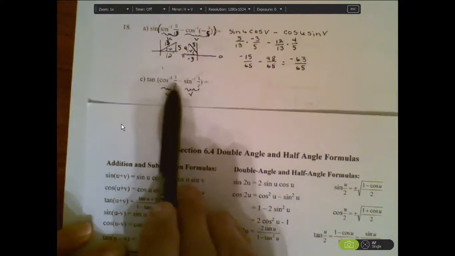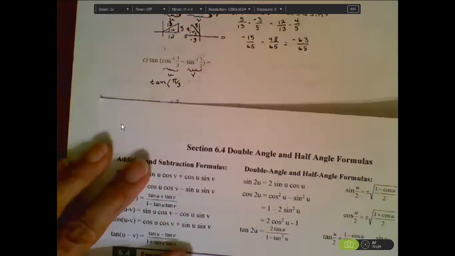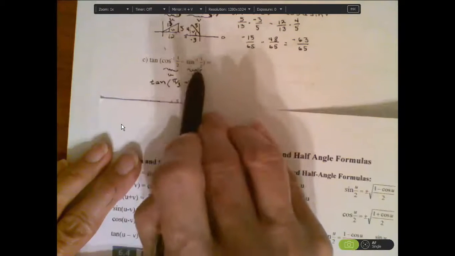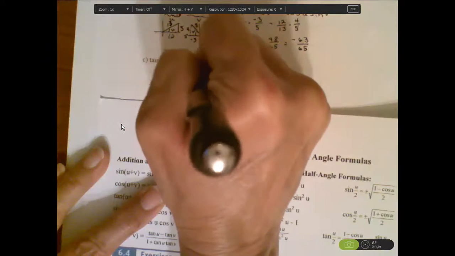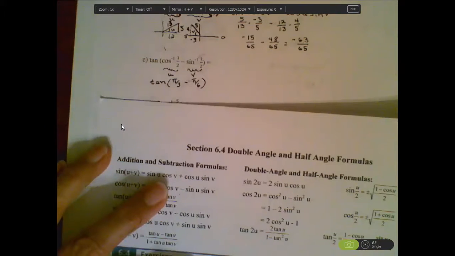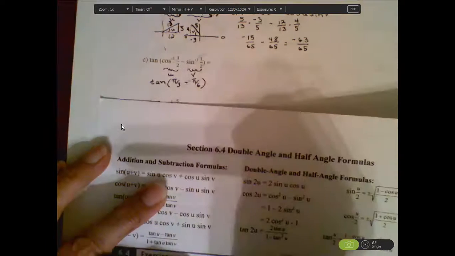That would be in the first quadrant. And in the first quadrant, x is 1/2 at pi/3. And y is 1/2 at pi/6. So I don't need to draw these triangles because I can identify the radian measure of these two angles.